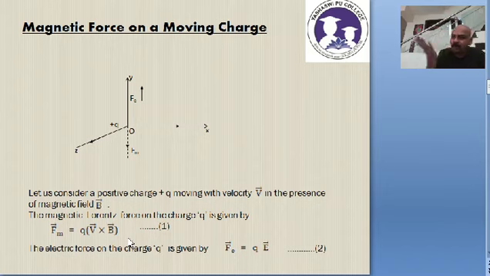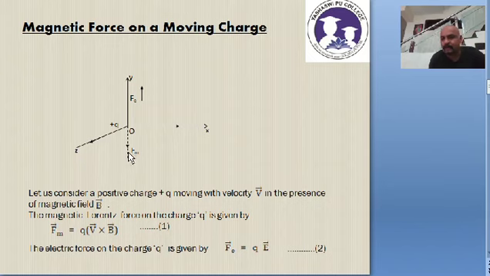Always you have to use the right hand and rotate your four fingers from the velocity vector to the magnetic field. Velocity is along the positive x-axis and the magnetic field is along the positive z-axis, so along the negative y-axis the force Fm will act.